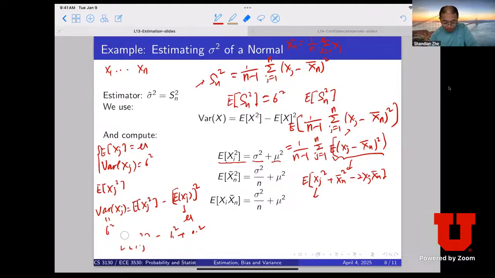So how about the second one? The second one is the expectation of the sample mean square. So how do we compute that?